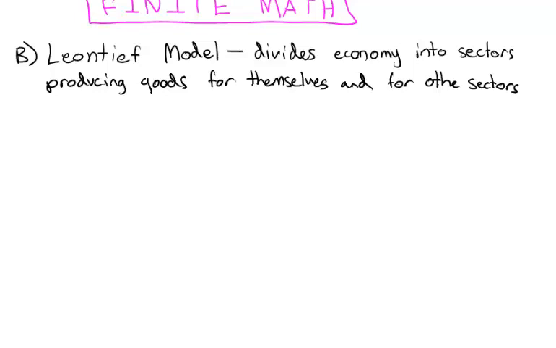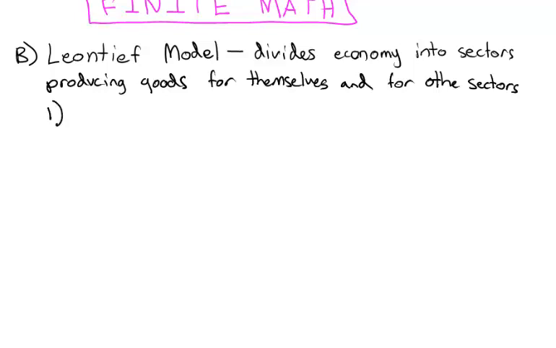So this is the idea that the farmer sells food and corn to other people, but he also keeps some of the corn for himself. So he keeps some of his goods, and he produces goods for other people as well. So the economy is split into sectors, using some of it and giving some of it to other sectors.